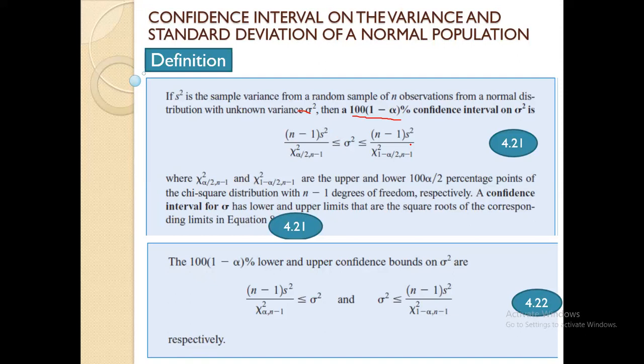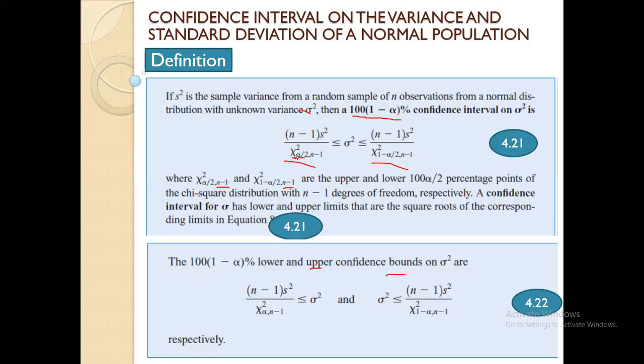We calculate based on the test statistic, the chi square test. Chi square test also depends on the degree of freedom n-1, right? This is for two sides. If you would like to calculate lower bound, upper bound, if you consider the one side, it may be upper bound or lower bound. For two sides, we use chi square at alpha divided by 2.